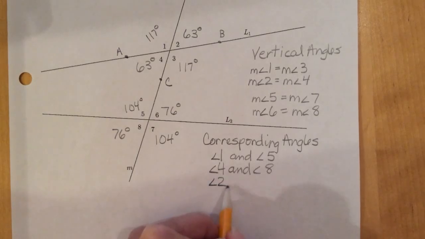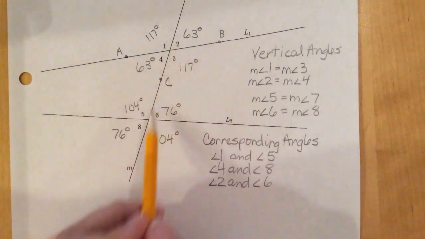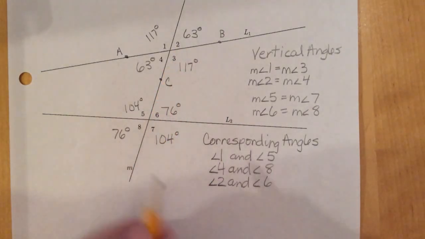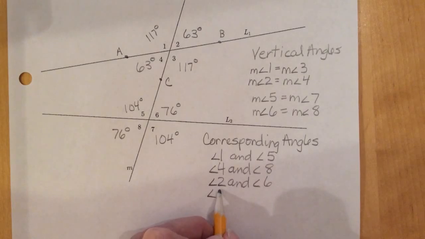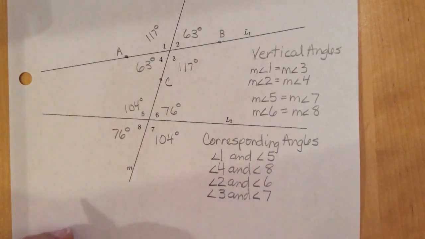But angle 2 and angle 6 would also be corresponding because they're in corresponding positions again. And then the last set would be angle 3 and angle 7. Okay, so those are our sets of corresponding angles. I'm going to run out of room on this paper, but we're going to try.